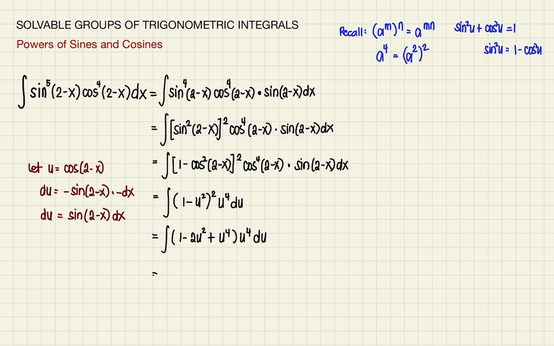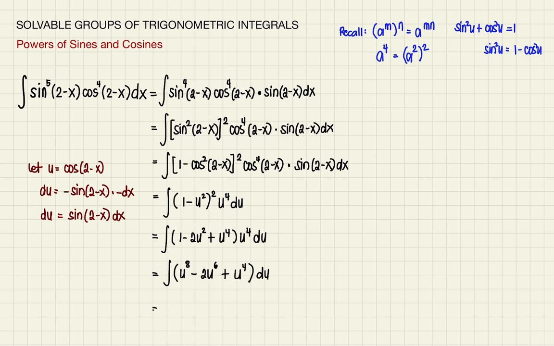So we can now distribute u to the power of 4 before integrating, and we are going to arrange in decreasing order. u to the power of 4 times u to the power of 4 is u to the power of 8, minus u to the power of 4 times 2u squared, that would be 2u to the power of 6, plus u to the power of 4 times 1, that is u to the power of 4, du.